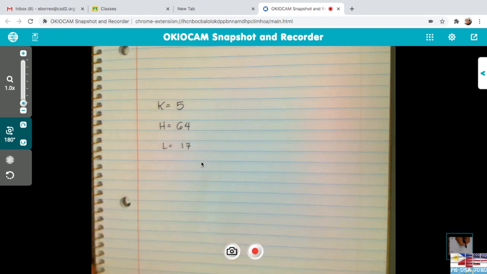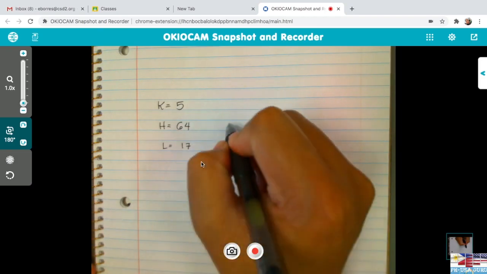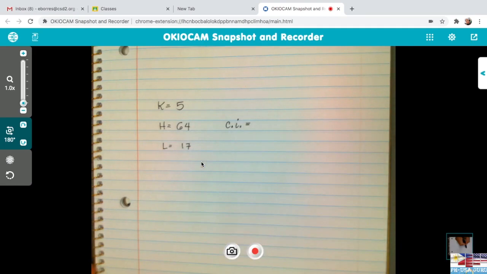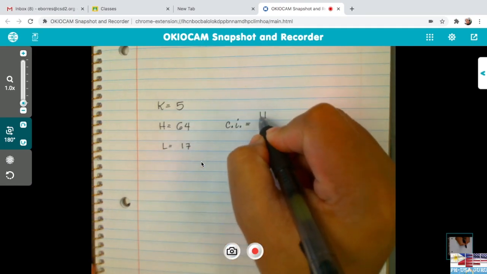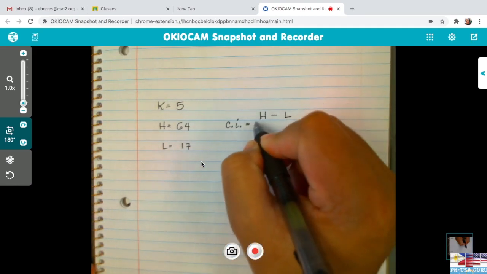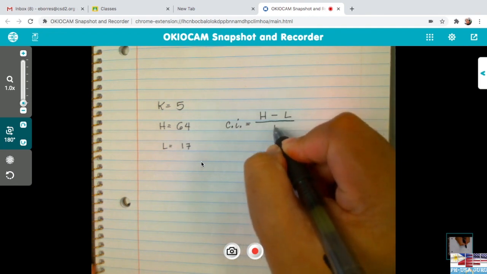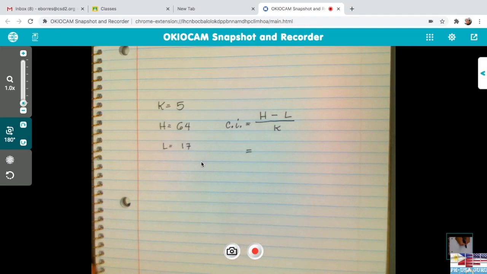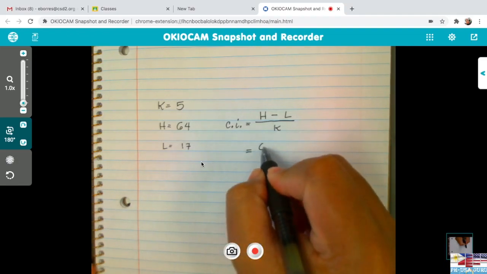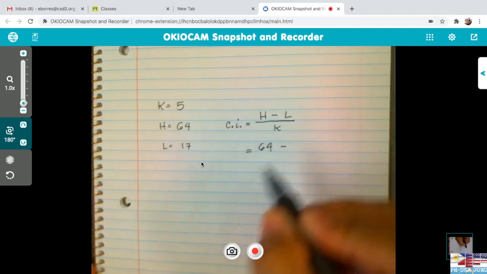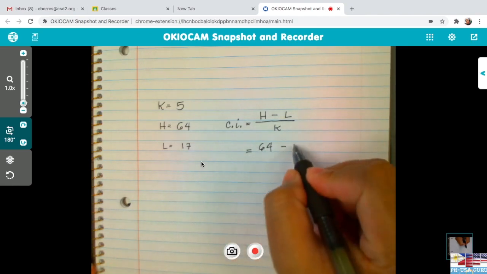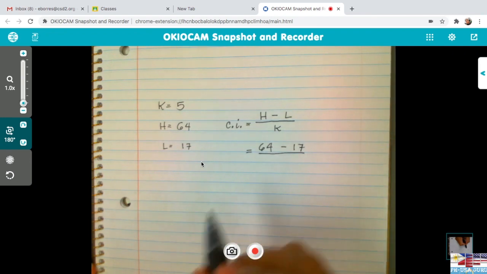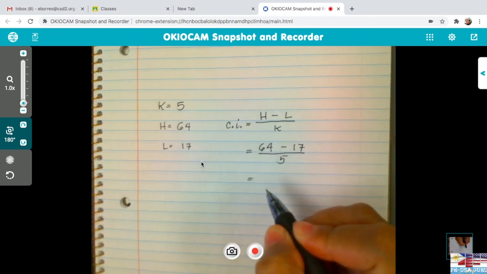So step number 2 is to find the class interval, which is equal to highest age minus the lowest age divided by K. Let us plug in the values: 64 minus 17, divided by K equal to 5. Let us solve.